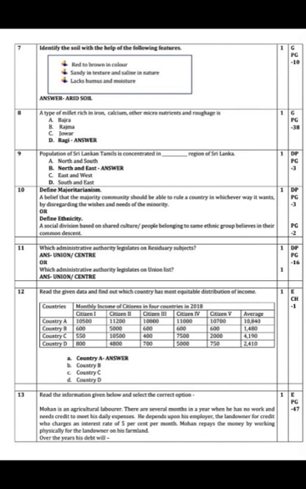Now question number 13, students, is from economics chapter 3, money and credit. Information is given, and after reading it we have to select the correct option. Mohan is an agricultural laborer, which means he is a landless laborer. There are several months in a year when he has no work and needs credit to meet his daily expenses.